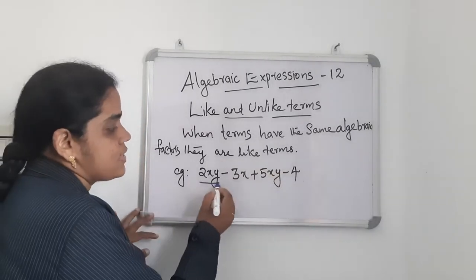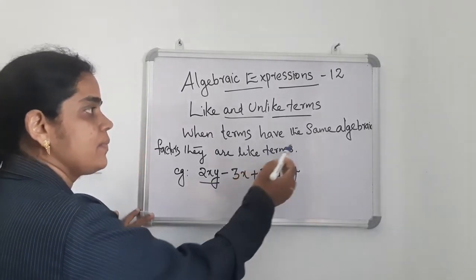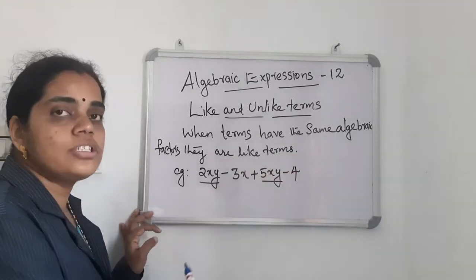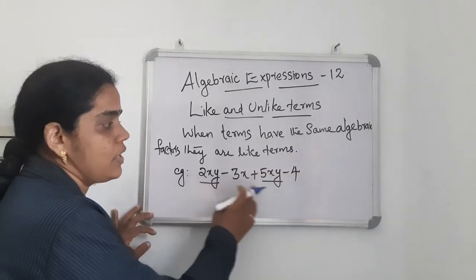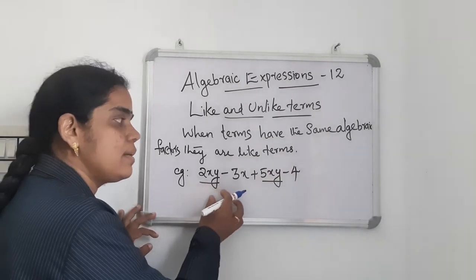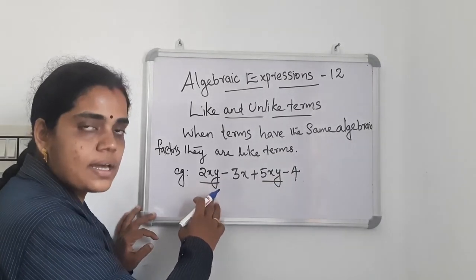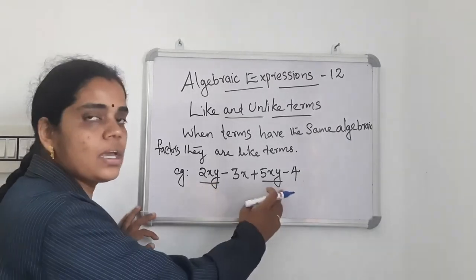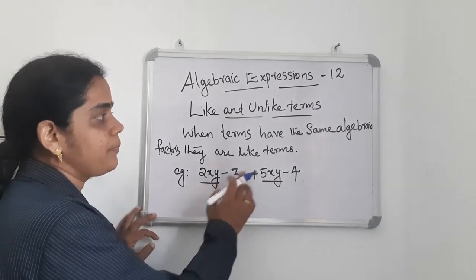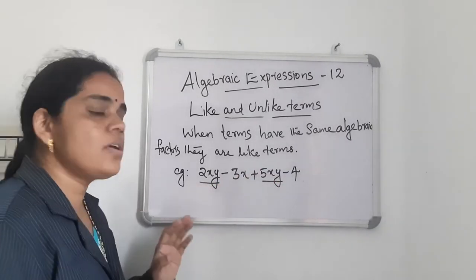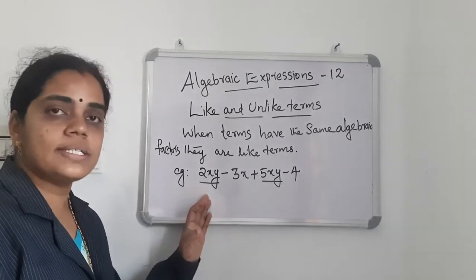So 2xy and 5xy have the same algebraic factors. Numbers we don't need to consider, only the variables. So here the variables are the same, here xy, here also xy. So terms that have the same algebraic factors are known as like terms.